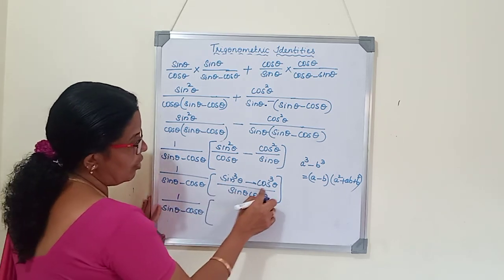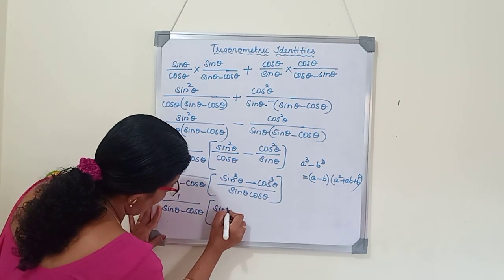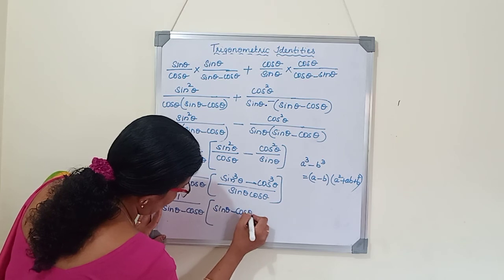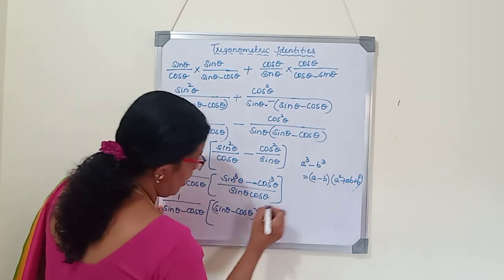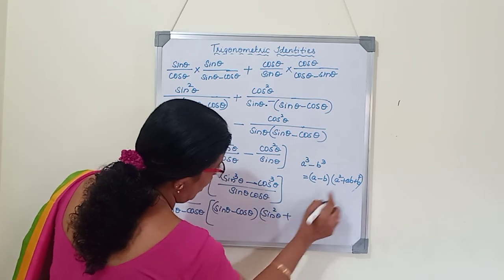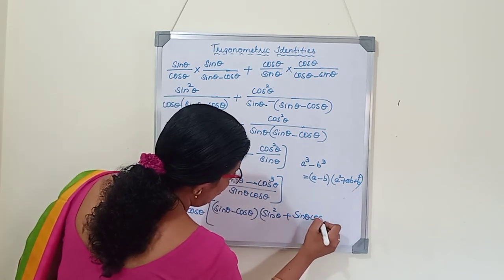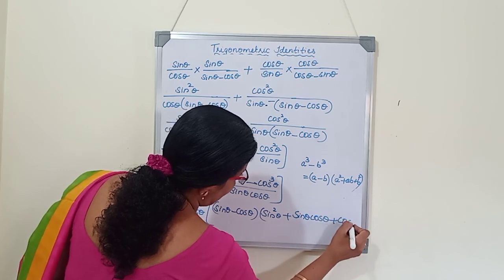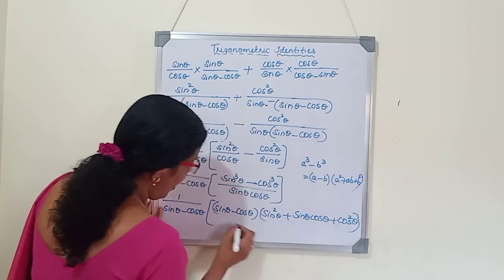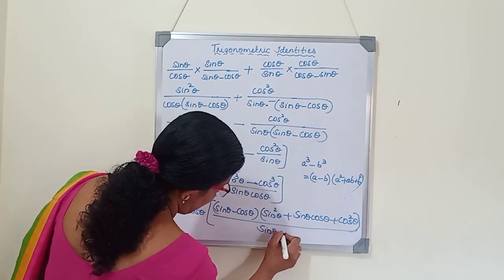First factor a minus b is sin theta minus cos theta. Next factor: sin square theta plus sin theta into cos theta plus cos square theta, divided by sin theta cos theta as it is.